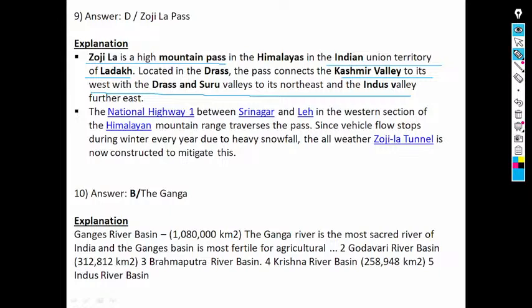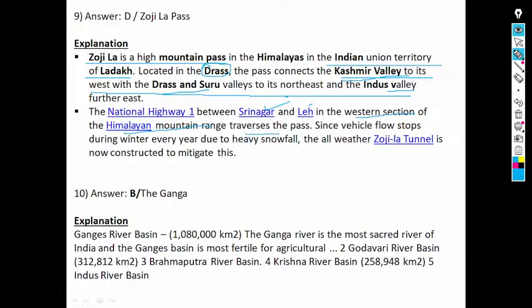National Highway 1 between Srinagar and Leh in the western sections of the Himalayan mountain range traverses the pass. Zojila is a mountain pass in the Himalayas in the Indian Union Territory of Ladakh, in the Dras sector, that connects the Kashmir Valley to its west and the Dras and Suru Valley to its northeast, and the Indus Valley in the further east.